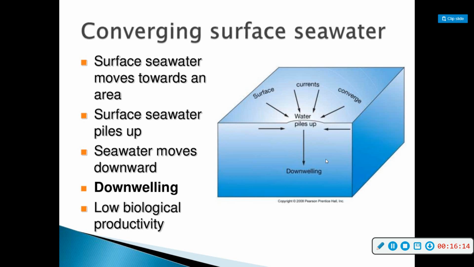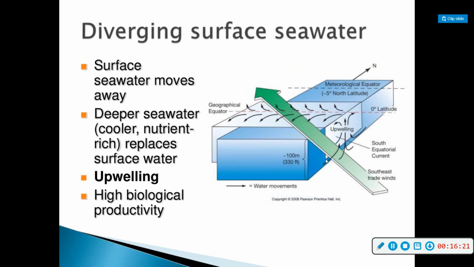The seawater moves downward, downwelling. You have low biological productivity. Diverging: surface seawater moves away. Deeper, cooler, nutrient-rich seawater replaces the surface seawater. This is upwelling. High biological productivity.